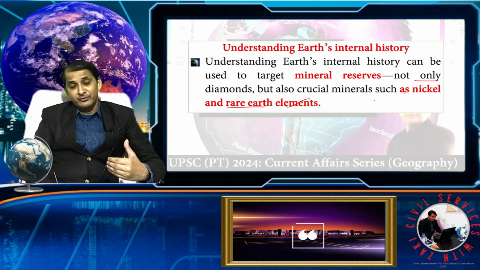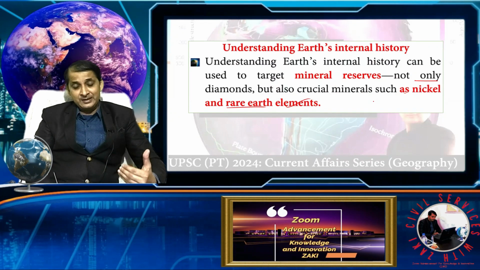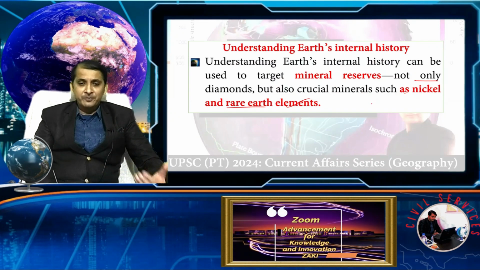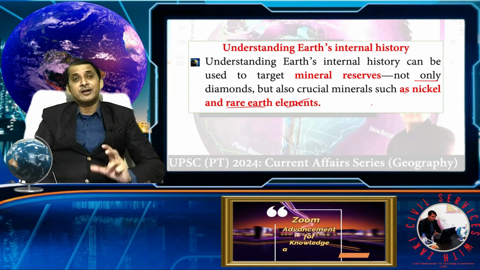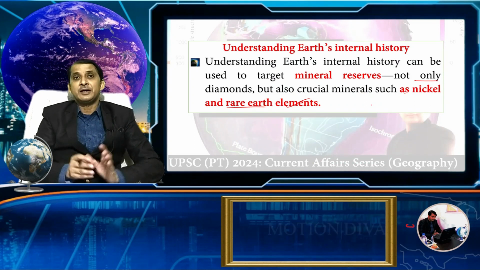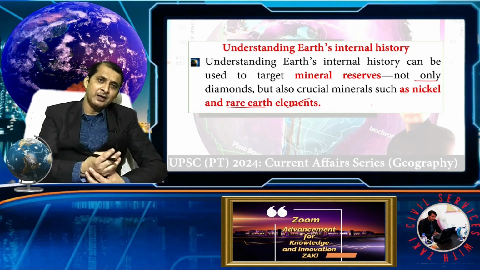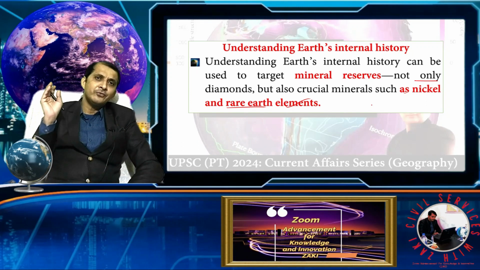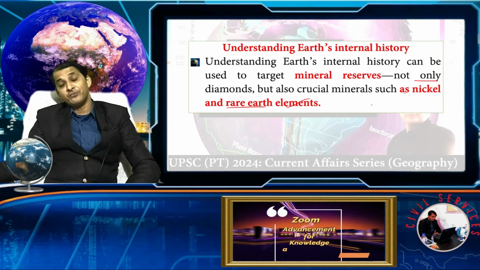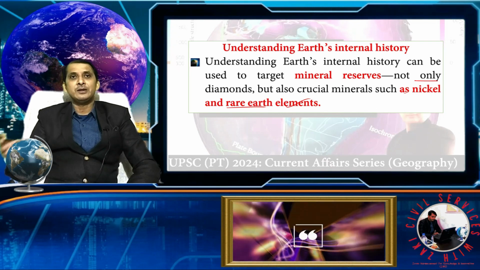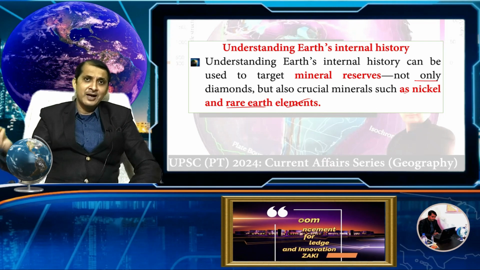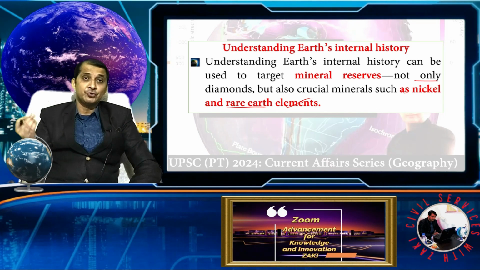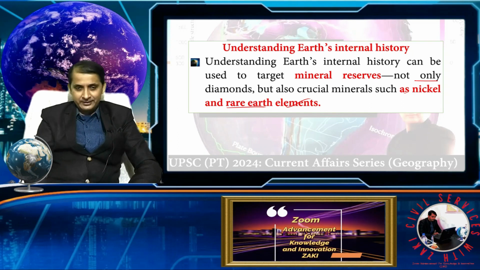These are also significant minerals. If we understand the geologic history of the Earth, we can easily find where these types of minerals are found, and where we can mine or explore these minerals.